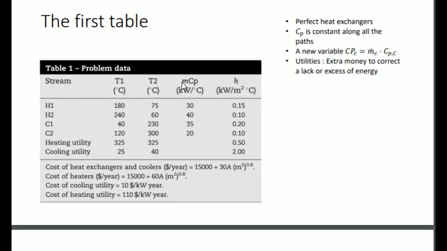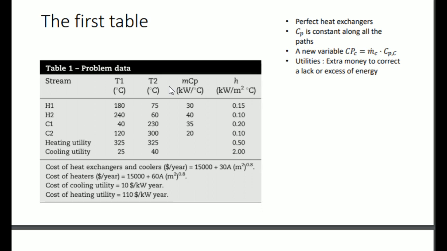Its unit is kilowatt per degree Celsius, because M point is in kilogram per second, and Cp is in joule or kilojoule per degree Celsius per kilogram.